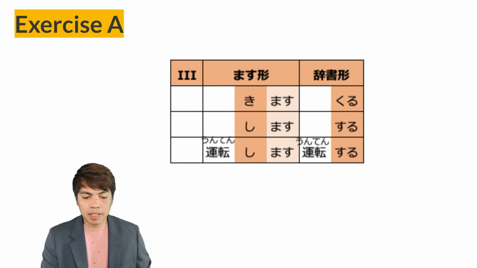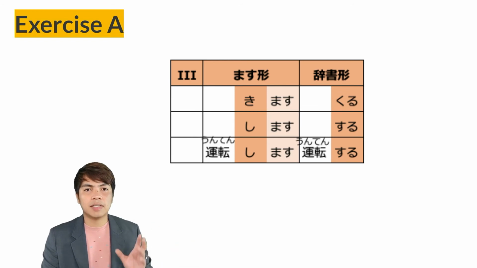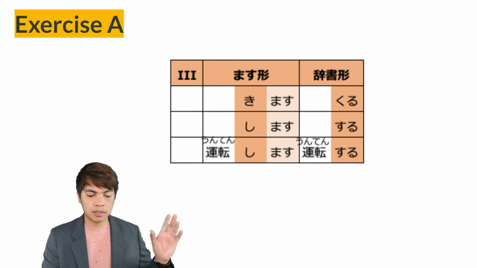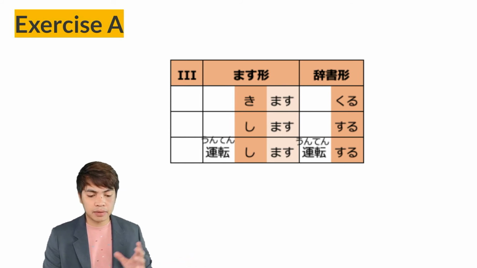So remember that kimasu will become kuru, not kiru, because the kimasu from the group 2 verbs will become kiru. Remove masu and add ru. But the group 3 kimasu is kuru. Next, shimasu. From shimasu, it will become suru. Then, for the nouns plus shimasu, just change the shimasu to suru. For example, unten shimasu, unten suru.